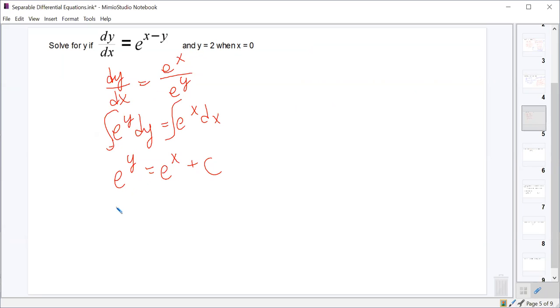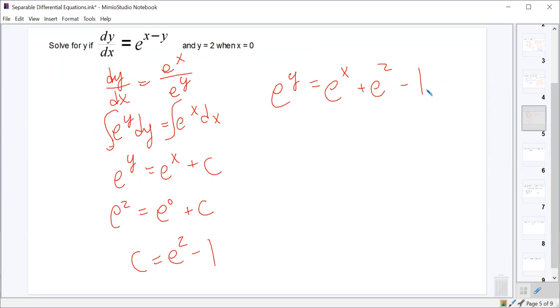And plugging in y equals 2 and x equals 0 tells us our constant is e squared minus 1. Good or no? E to the y equals e to the x plus e squared minus 1.